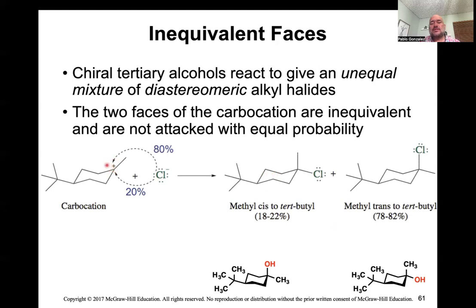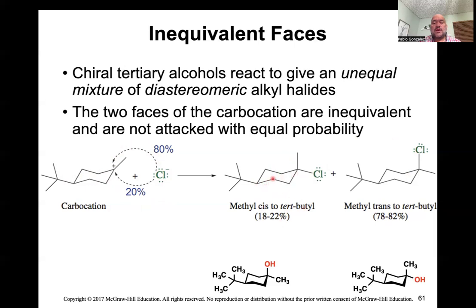On the top face, we have the tert-butyl, which is in an equatorial position pointing up, but on the bottom we don't have any of those substituents. That's why we have two different faces, and that's going to create two diastereomers. We're going to have an attack from this side of the molecule and an attack from this side, and these are going to be my two products.